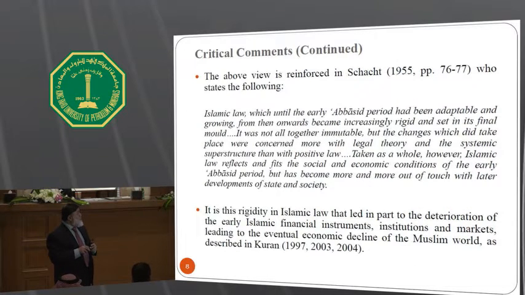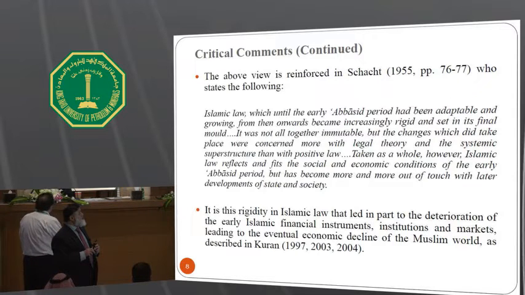The above view is reinforced in Joseph Schacht's very well-known study, who states the following: Islamic law, which until the early Abbasid periods had been adaptable and growing, from then onwards became increasingly rigid and set in its final mold. It was not altogether immutable, but the changes which did take place were concerned more with legal theory and the systemic superstructure than with positive law.